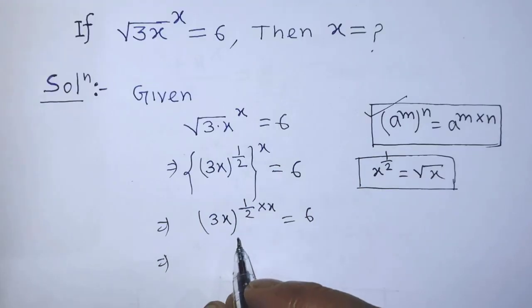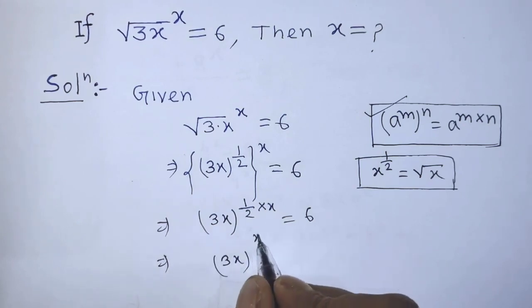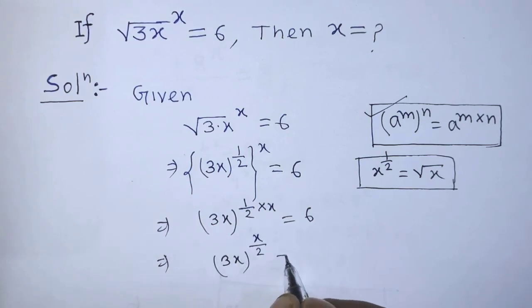After that, we can write from the left hand side (3x) to the power x over 2 is equal to, again we have to write 6 on the right hand side of this equation.